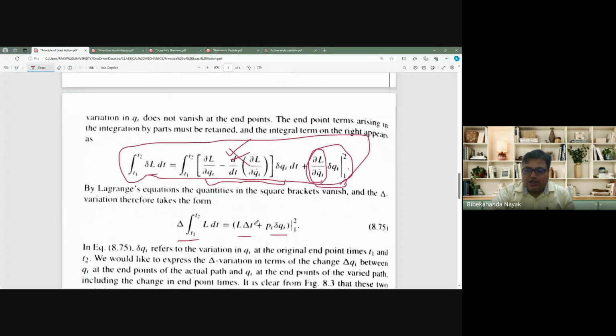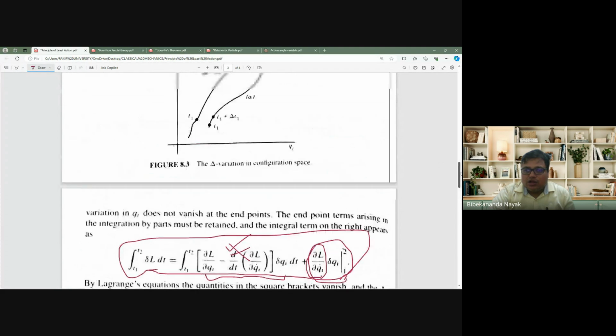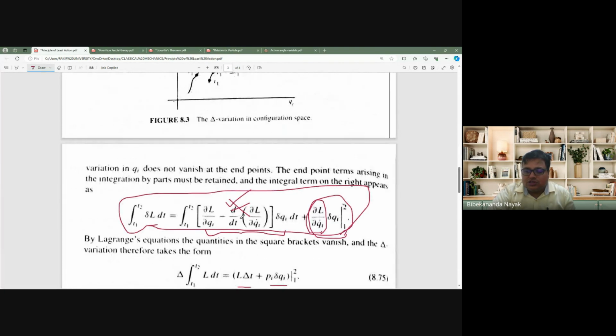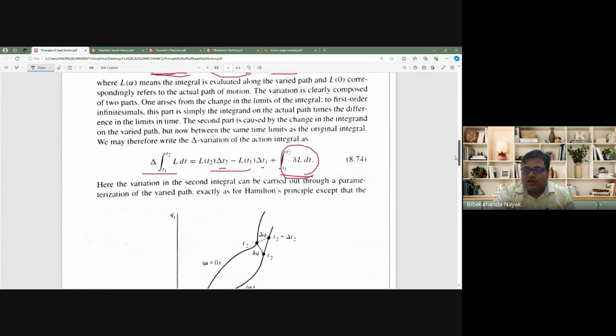If delta t is 0, it will be 0 where L dt. This is our exact equation. From Lagrange's equation this is 0, so only this quantity remains: del L by del qi dot times delta qi.